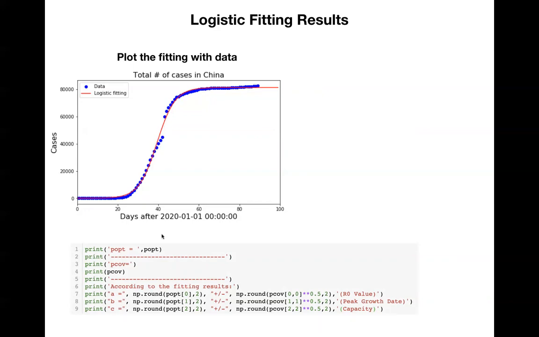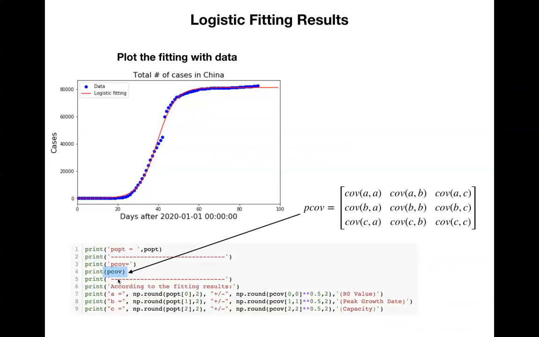We can also take a look at the quality of the fitting by printing out popt. If you still remember, pcov comes from the curve fitting function. It's an array of all the covariances between A, B, and C. The diagonal values for A, B, and C are the variances of these fitting parameters.